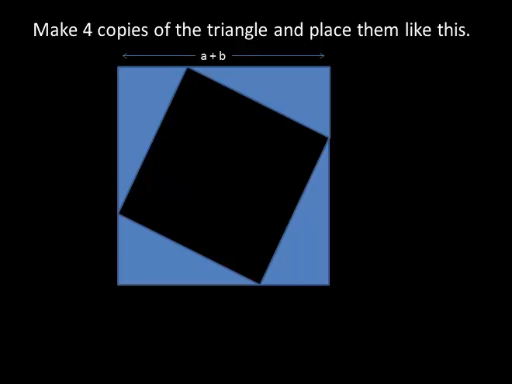This is actually my favorite because I think it's the easiest for you to see. I've made 4 copies, just cut and paste, of the blue right triangle, and I have put them together like this. I've made a puzzle, and it has a square black region in the middle.